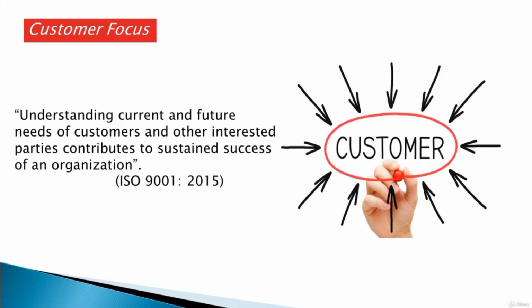And also, according to ISO 9001, understanding current and future needs of customers and other interested parties contributes to sustained success of an organization. So the satisfaction of customers and other relevant parties is the key to maintaining success of the organization. To do so, there are a few steps or actions to take.